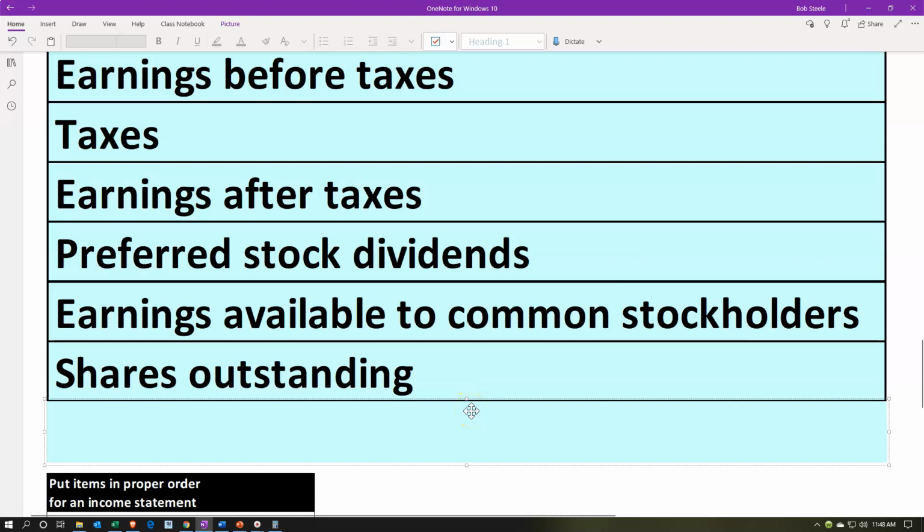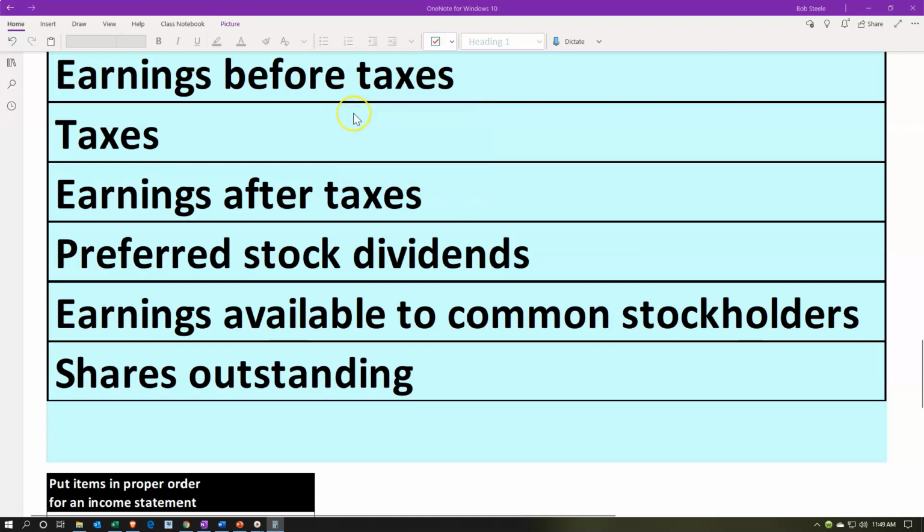Shares outstanding represent the number of shares that are out there that represent ownership in the company. The number of shares doesn't represent the number of owners, because an owner could own multiple shares. But the number of shares represents the units of ownership, kind of like the number of dollars that are out in the currency that's out there, right?